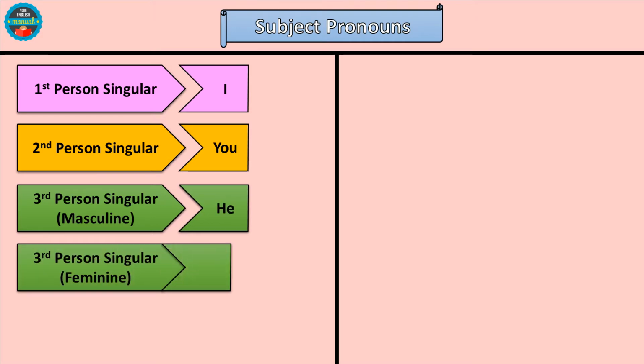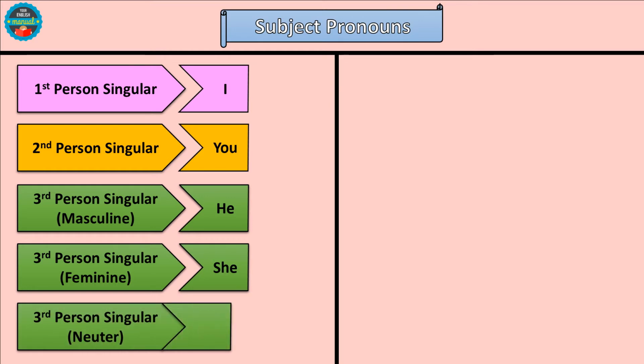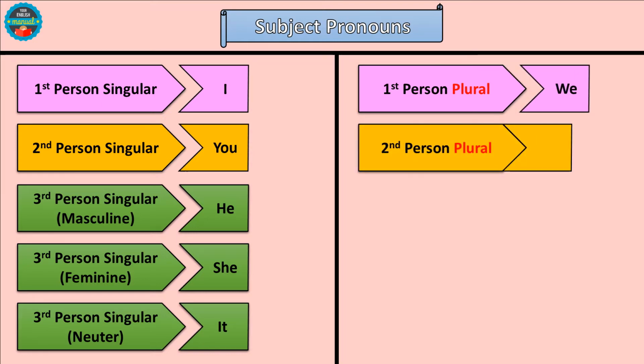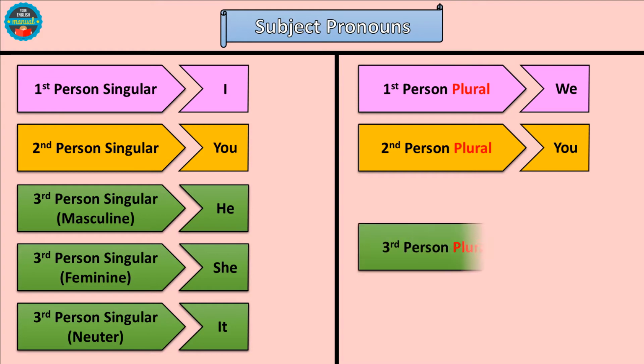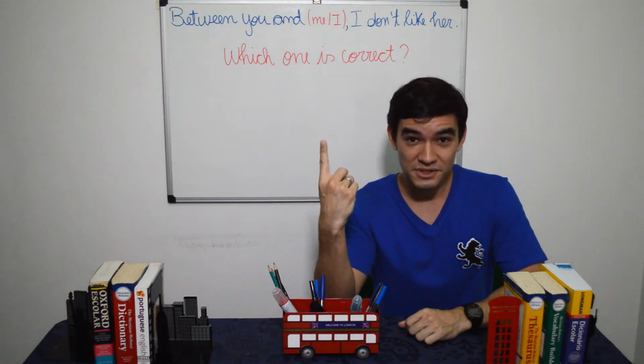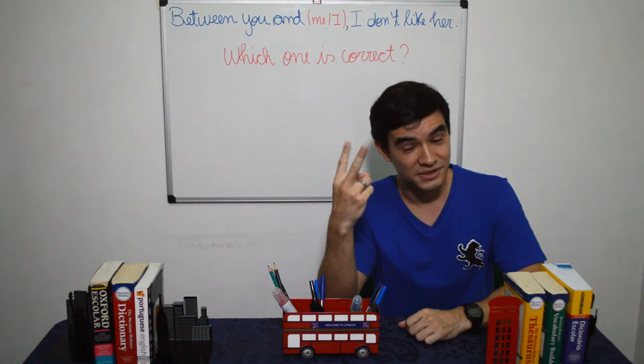Third person singular feminine, she. Third person singular neuter, it. First person plural, we. Second person plural, you. Third person plural, they.